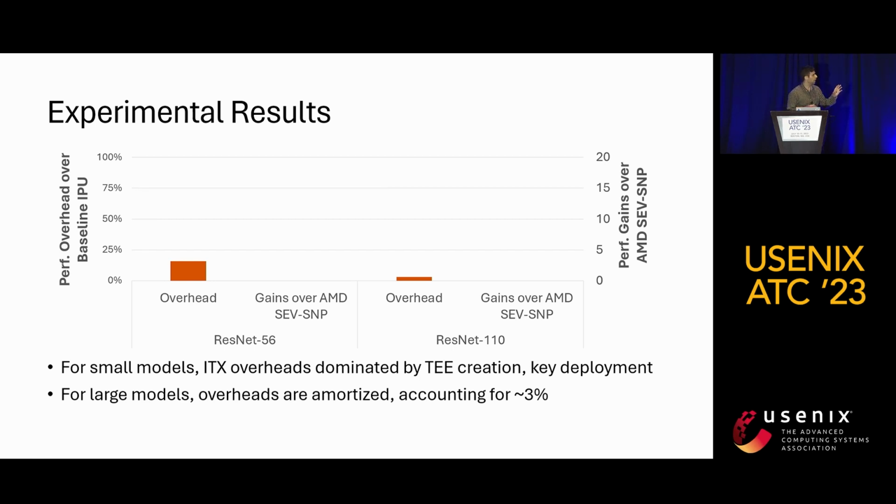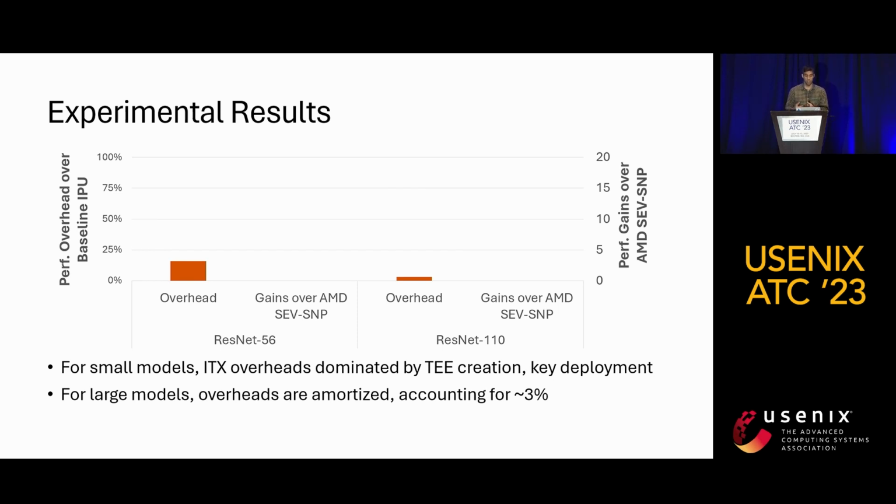Here I'm showing overheads ranging from 3% to 18%. And we found that the overheads for small models like ResNet-56, which took a few minutes to run on the IPU, were dominated by the startup costs, including creating the TEE and deploying keys.